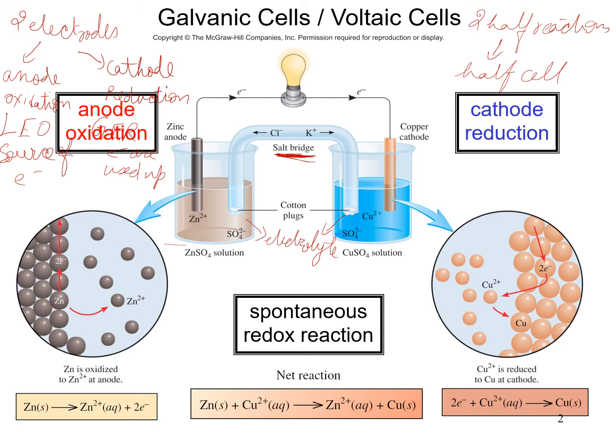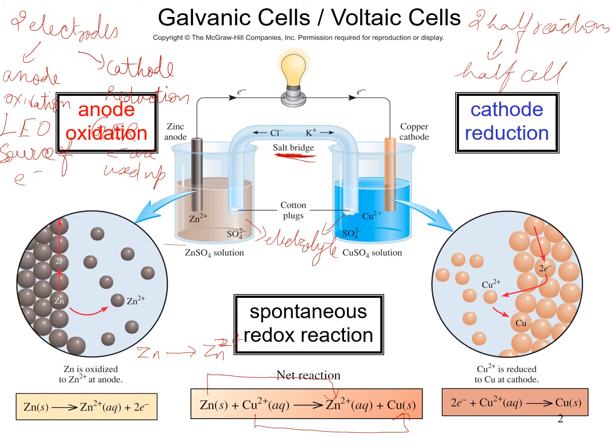You guys know by now how to divide the two reactions. So let's write our two oxidation and reduction reactions. Zinc is changing into zinc 2 plus, copper 2 plus is changing into copper. So we'll write it into two reactions, which is zinc is changing to zinc 2 plus.